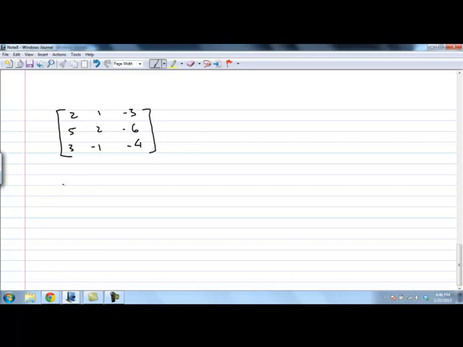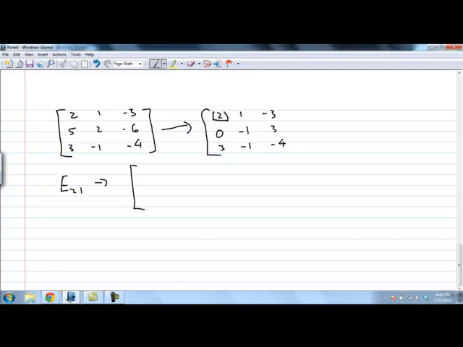My first elimination step, E21, transformed this matrix into the matrix 2, 1, minus 3, 0, minus 1, 3, 3, minus 1, minus 4.